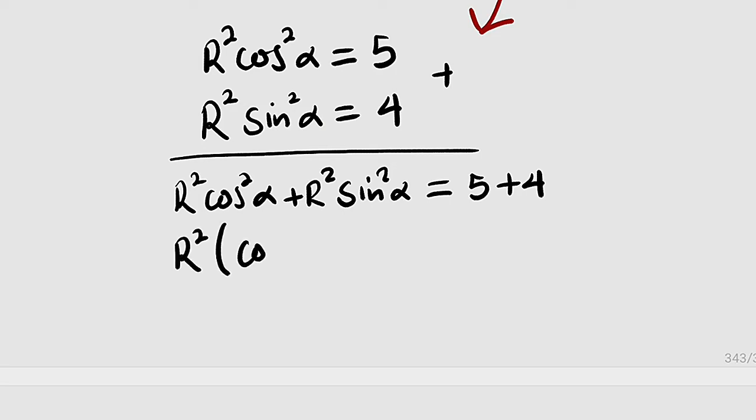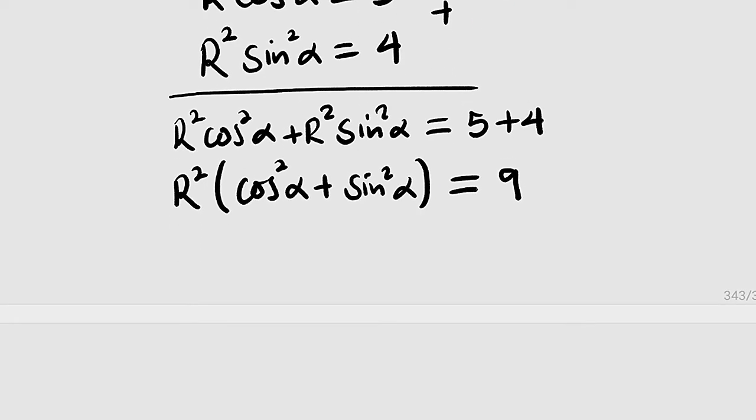In the parentheses we have cos squared alpha plus sine squared alpha, and to the right hand side we have 9. Remember the identity that says cos squared x plus sine squared x is equal to 1. Definitely the whole of this is equal to 1. The only thing we have is r squared equal to 9.